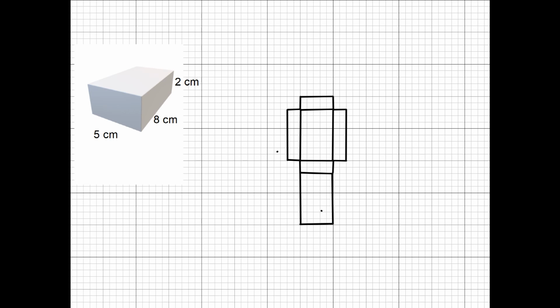Yeah, you could attach it like that. You could also attach it to one of the longer sides like this. Because that's going to be 8, so it's 3, 4, 5. And either one of those would be fine.